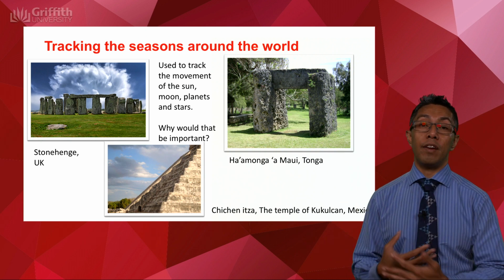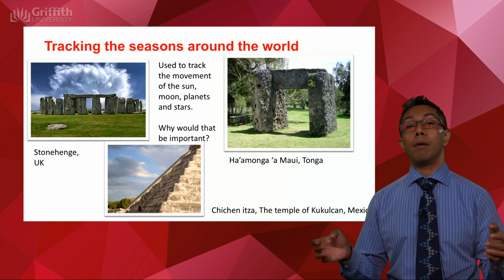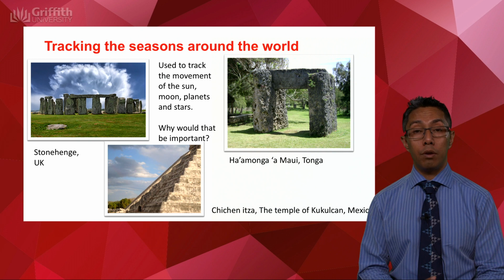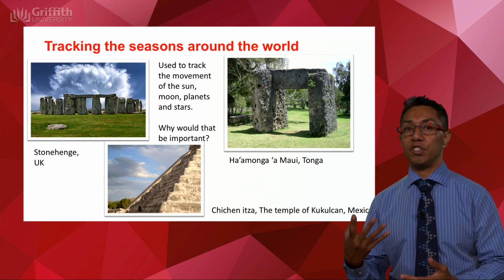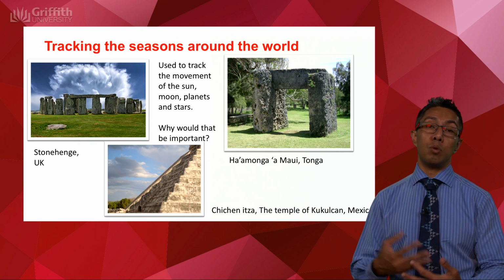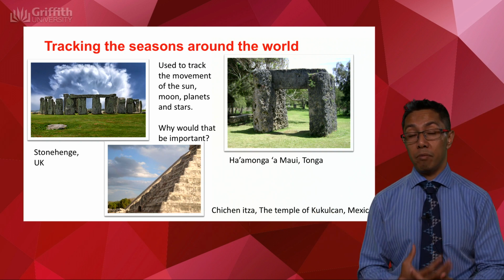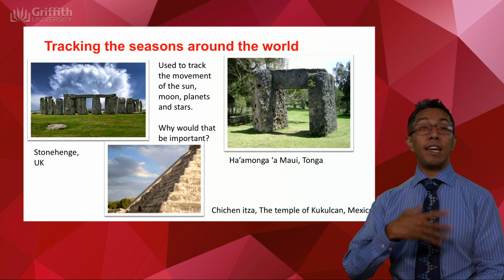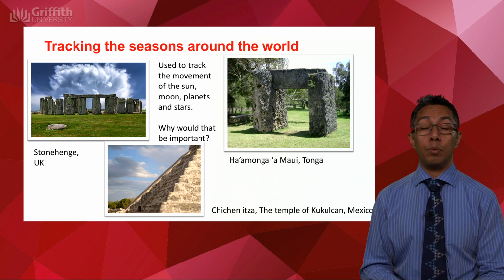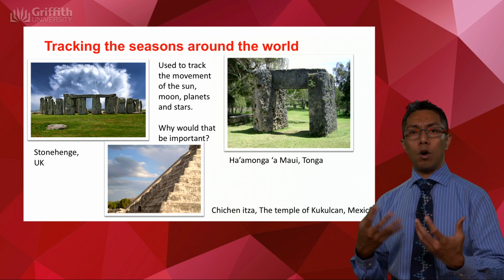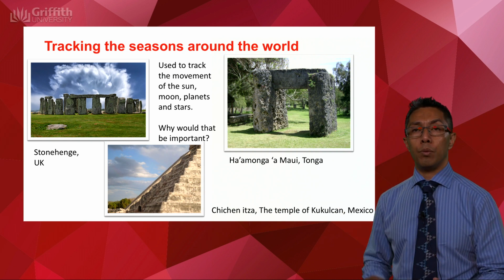Because it was a time of great festival and gathering for people of the British Isles of that time. So lots of feasting, lots of sharing of ideas, lots of swapping of genes and reaffirming familial bonds, reconnecting with allies as well. So the tracking of seasons is really quite significant for cultures all around the world.